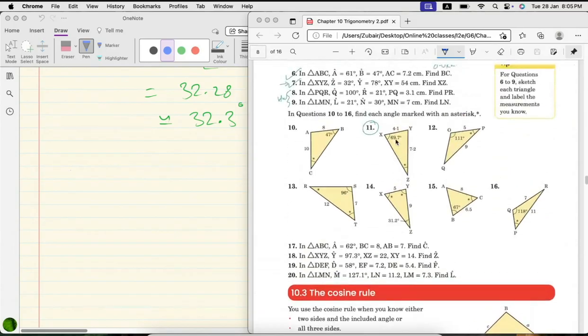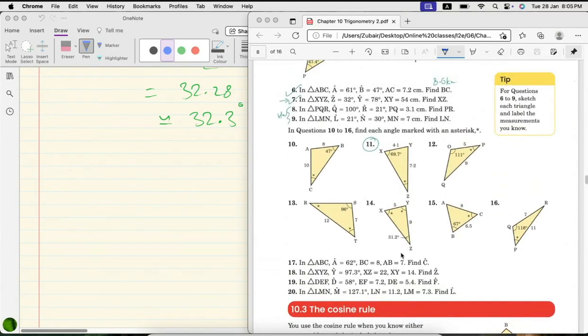Now we have to do cosine rule. Any confusion in these questions? No, sir.